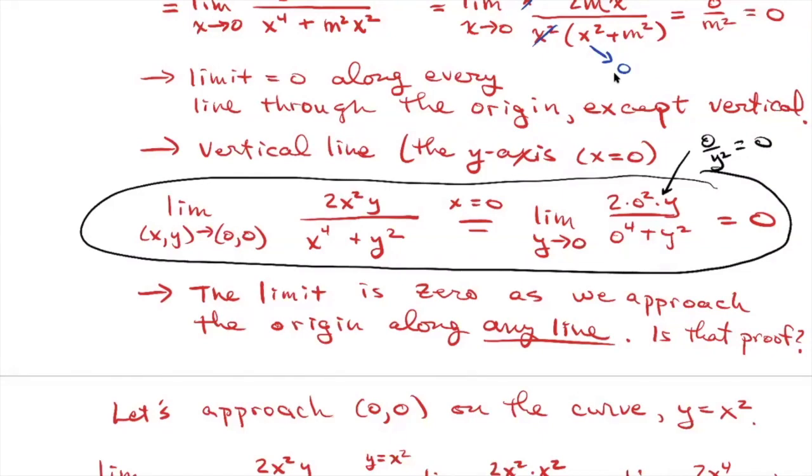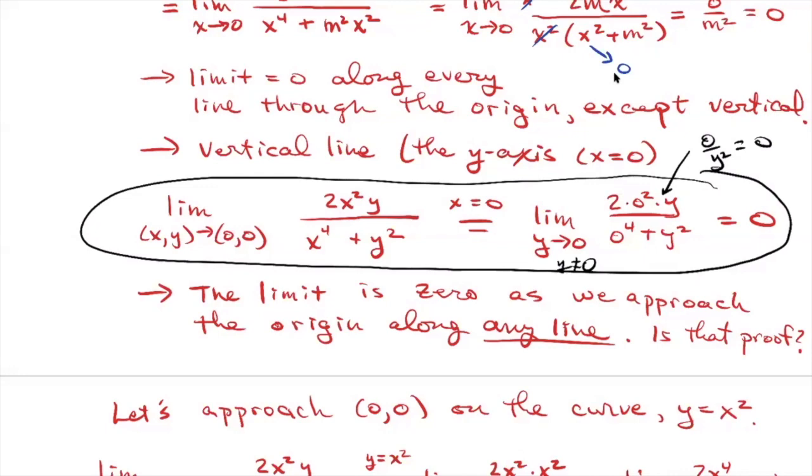Oh, you're right. No, it's not, because remember, y is not equal to 0 when y approaches 0. Always with limits, you approach, but you never become. So x is 0.